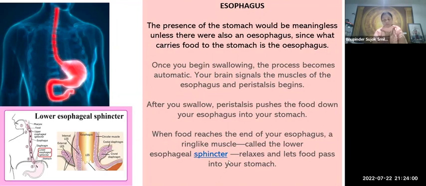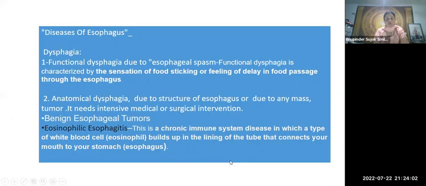Now, there are also diseases related to the esophagus. So, dysphagia, functional dysphagia due to esophageal spasm. Functional dysphagia is characterized by the sensation of food sticking or a feeling of delay in food passage through the esophagus.